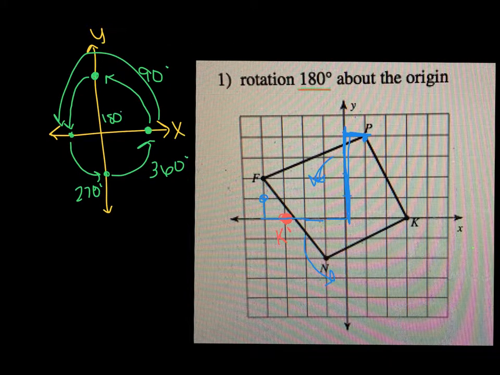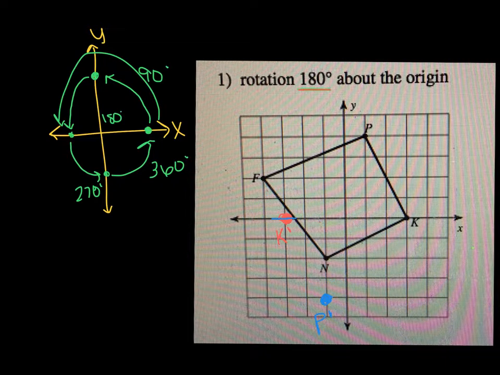So you go down 4, 1, 2, 3, 4, and then you make that over just a little bit. If you take a look at it, it's literally just rotating. And so here is where P prime, which just means it's the new P, is going to be. I'm going to erase my work again so that it's not messy. That's where our P ended up when we rotated it 180 degrees.